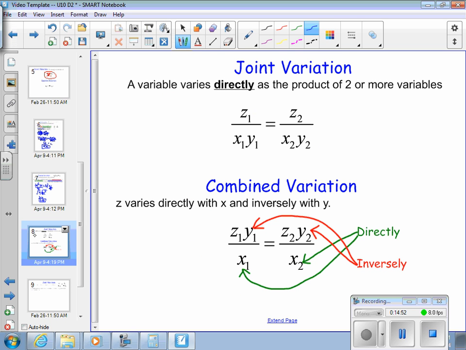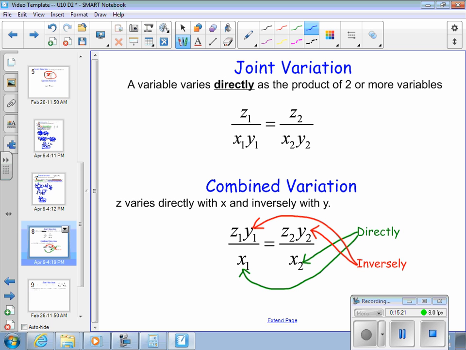Okay, moving on. Joint variation and combined variation. Joint variation is where the variable that varies directly is the product of two or more variables. So in this case, we have a proportion again, but instead of one variable on the bottom of each ratio, we have two variables on the bottom of each ratio.